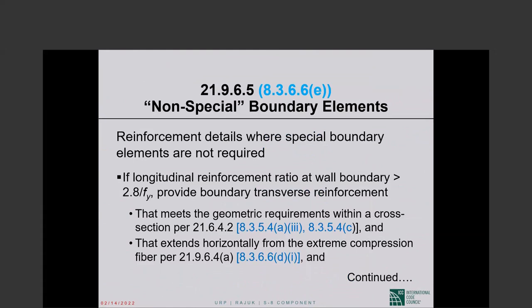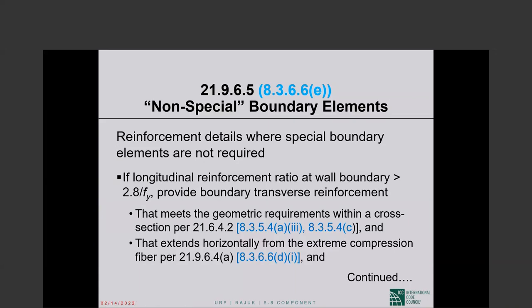Now, when your trigger doesn't go off, neutral axis depth is lower than the critical neutral axis depth, you do not need specially confined boundary zones. Even then, you shall provide what I'm going to call non-special confinement at the ends of your shear wall if the local reinforcement ratio exceeds 400 over f sub y in our unit, or 2.8 over f sub y in your unit.